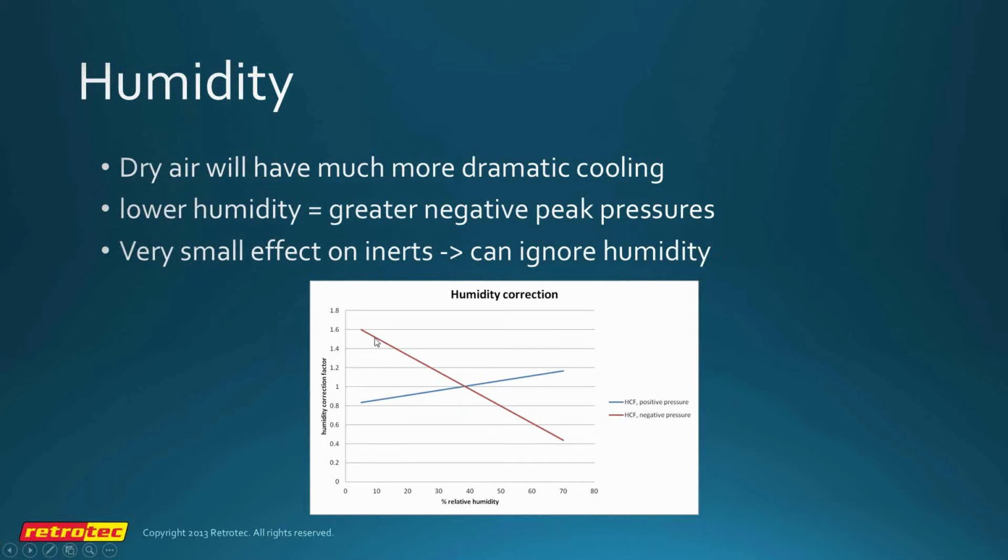This curve, the red curve here, shows when the humidity goes from 0 or close to 0 up to 70%, that the humidity correction factor decreases, meaning that if we had a peak pressure here of, let's say, 1600 pascals at 10% humidity, then our peak pressure would only be around 400 pascals at 70% relative humidity.